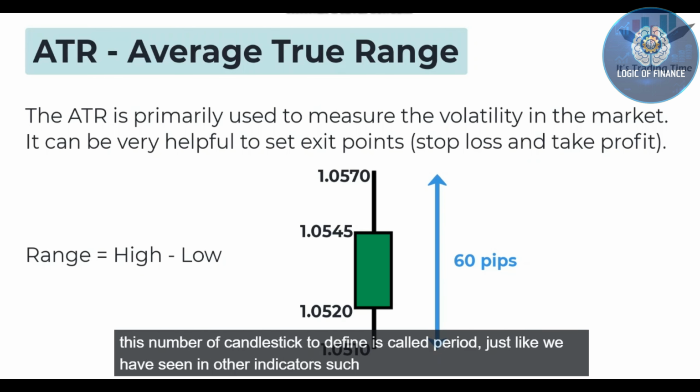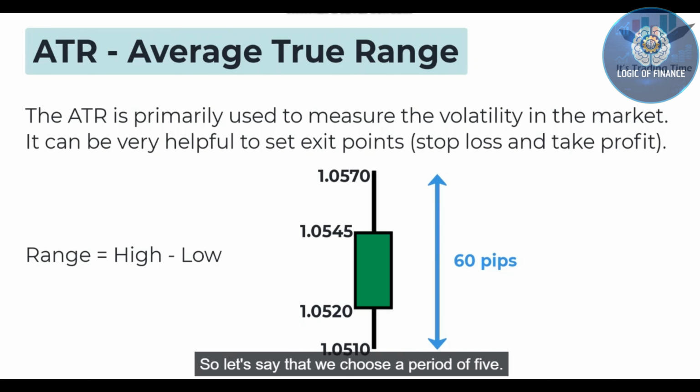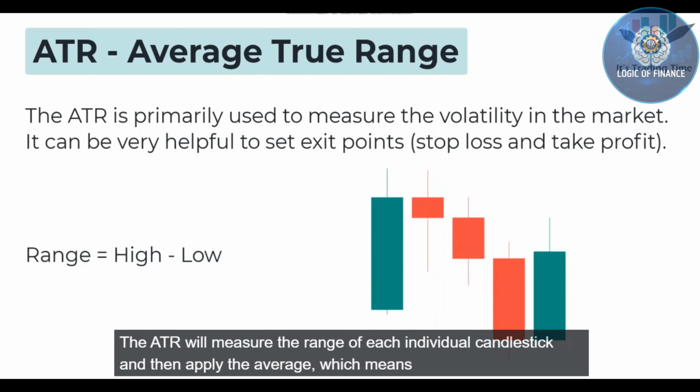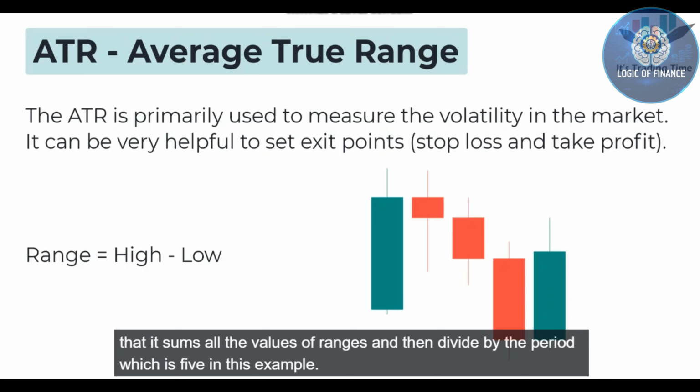This number of candlesticks to define is called period, just like we have seen in other indicators, such as the moving average. So let's say that we choose a period of 5. The ATR will measure the range of each individual candlestick and then apply the average, which means that it sums all the values of ranges and then divides by the period, which is 5 in this example.